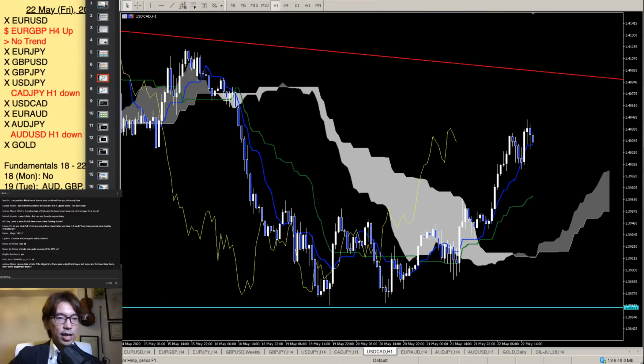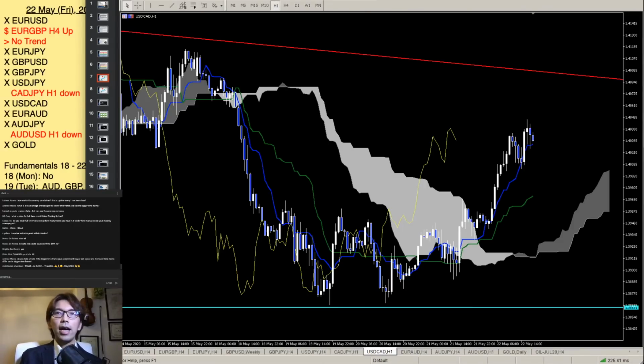Do you take a trade if the bigger time frame gives a significant buy or sell signal and the lower time frame differs from the bigger time frame? So yeah, I only look at the bigger time frames to capture a trend. My trend capturing strategy and my entry strategy are different, right?